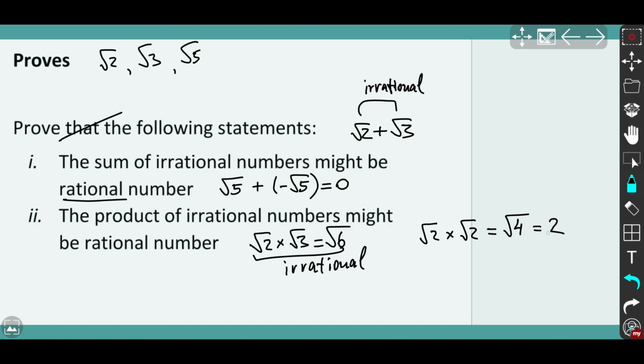You just need to pick one example, and one example where you have a contradiction is enough to prove it. Or you can prove it in a general way, using mathematical induction principles. However, this is more about A-level or IB. So here in GCSE, it's less likely you'll have to prove using mathematical induction.